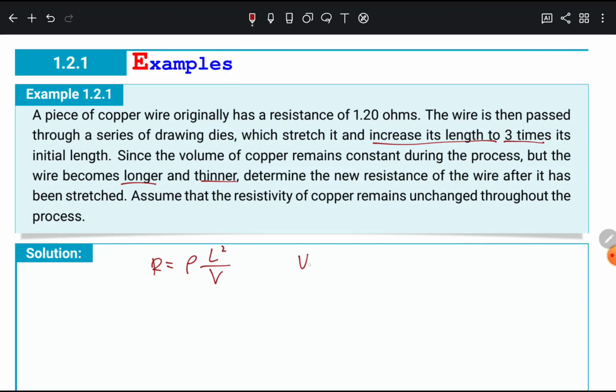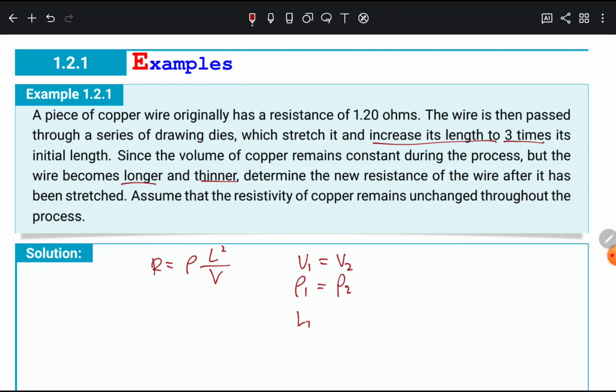Because we have constant volume, V1, the initial volume, is the same as the new volume. And also, the resistivity is the same since it's copper, so we also have a constant resistivity. And for the length, it becomes longer.